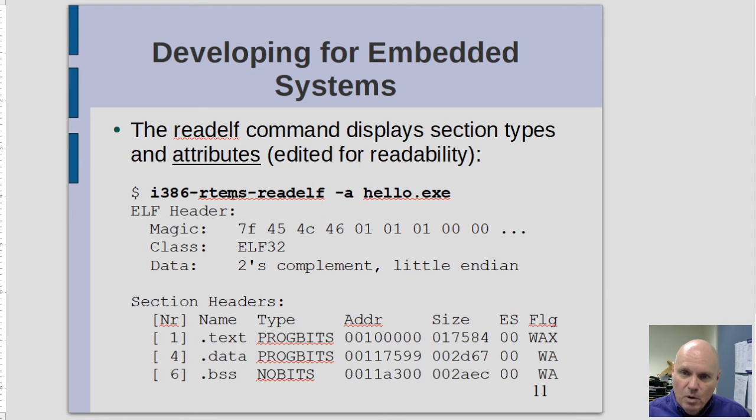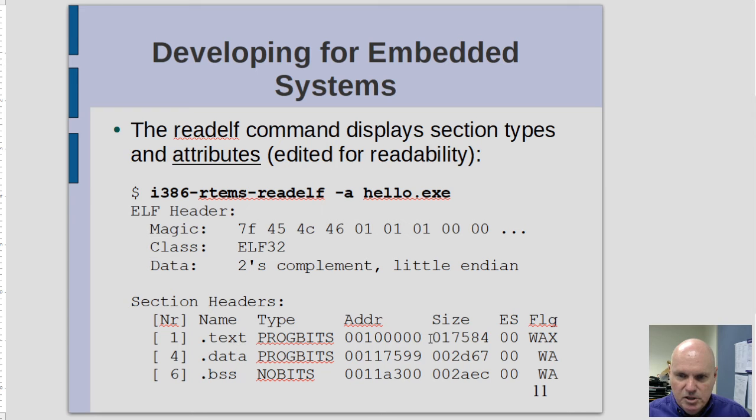You have to run this command from the same directory that contains hello.exe, and it'll print out a long list of information about the different sizes of the different sections of the ELF file, give you some information about the particular type of ELF file, the way the data is stored in the file. We'll talk about these different sections later on.